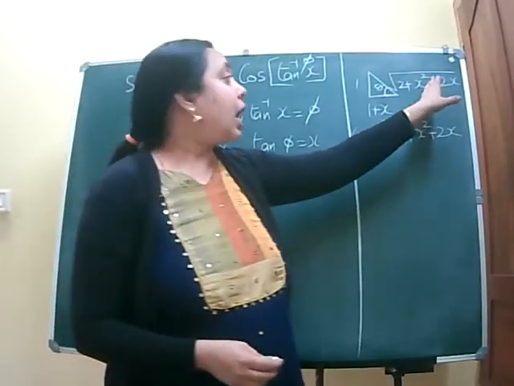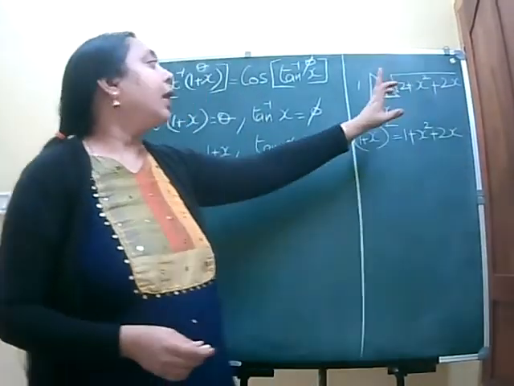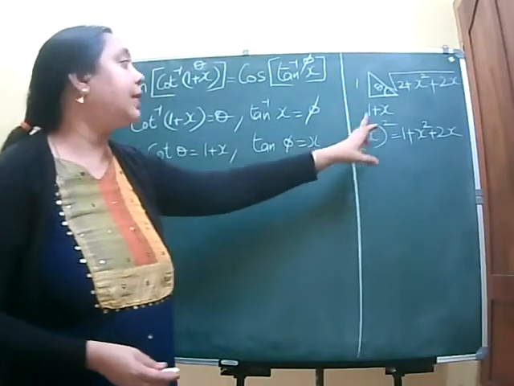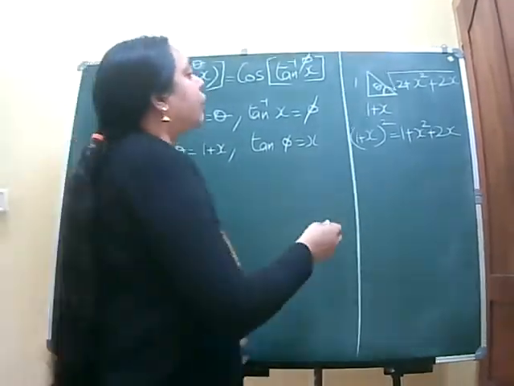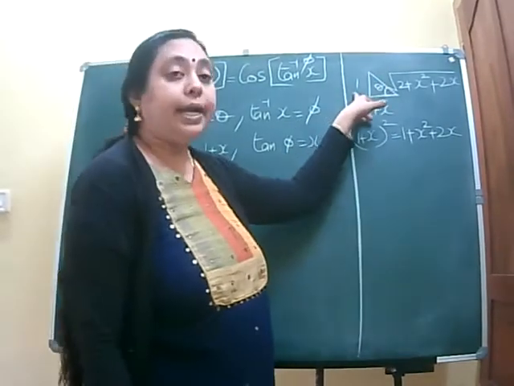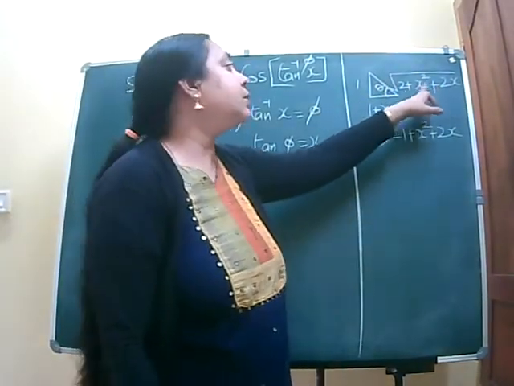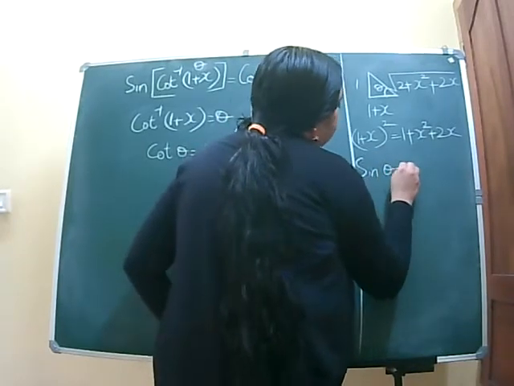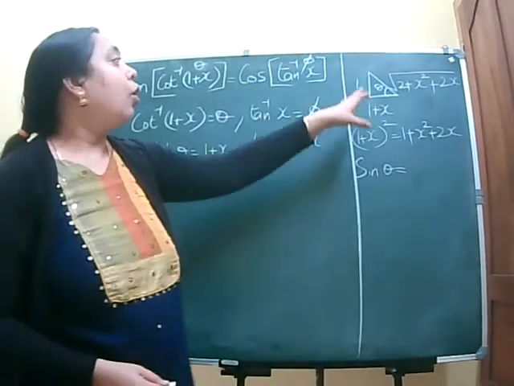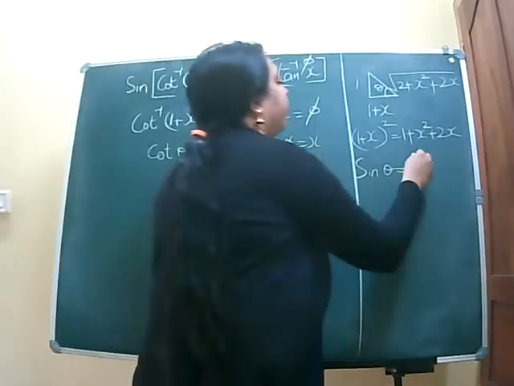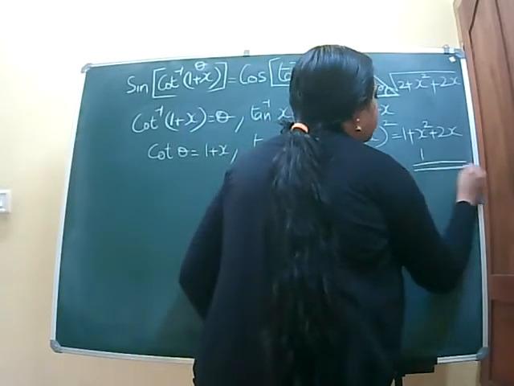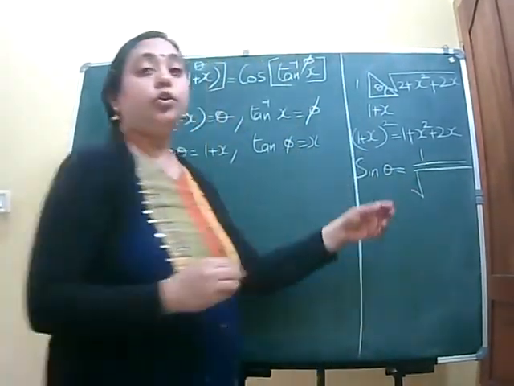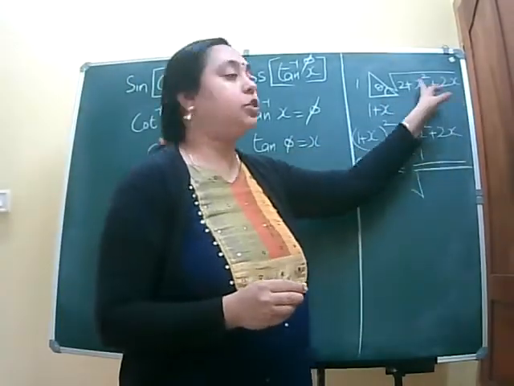Okay, then sin theta is opposite side by hypotenuse, that is, sin theta is 1 by square root of 2 plus x square plus 2x.